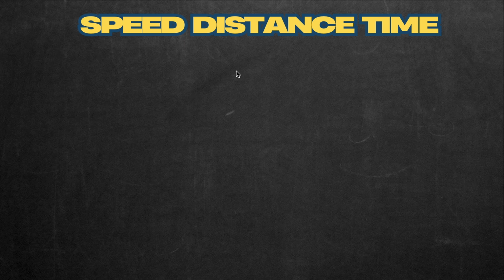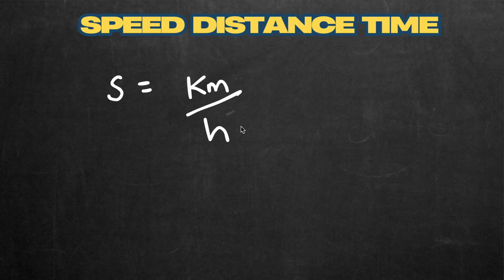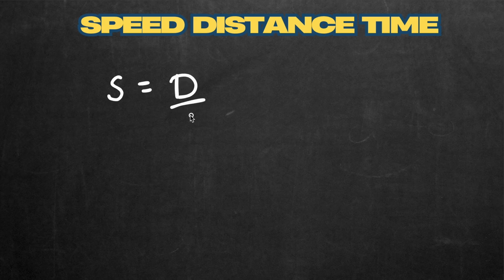So what that means is that when the speed is in kilometers per hour, it gives you a straight relationship. You can remove this kilometer per hour, which means the speed is equal to distance over time.